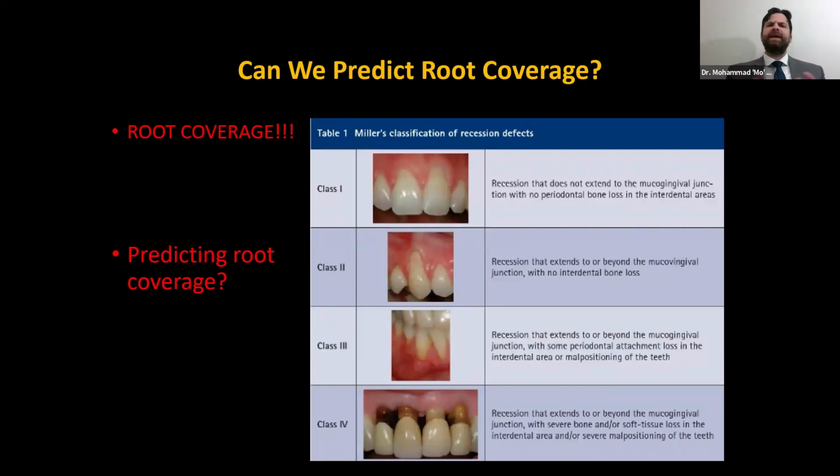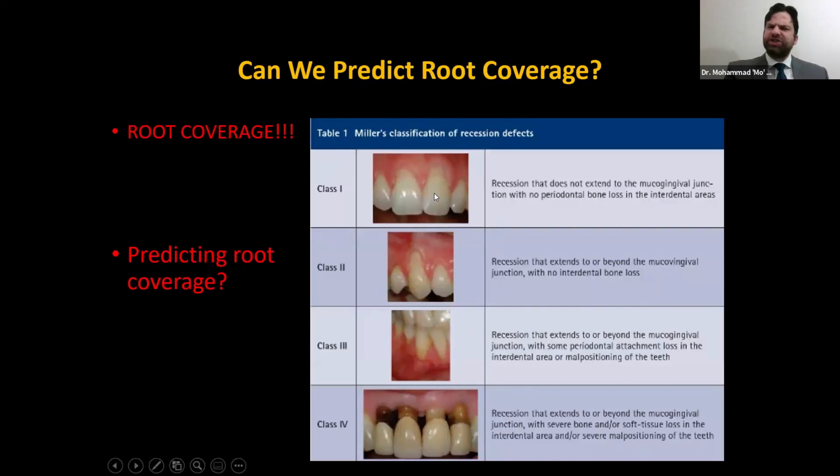Now, to make it very simple and easy to understand, I will simply say, when you have a case which is class 3, which basically means loss of interdental tissue, when you've reached a stage where the interdental tissue starts to go away, then getting appreciable root coverage becomes more and more challenging and unlikely. The more interdental tissue you lose, the more unlikely appreciable root coverage is.